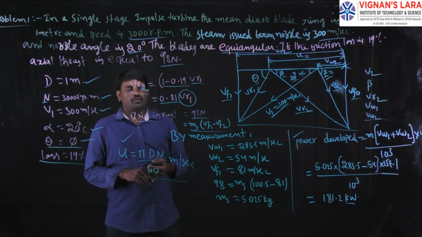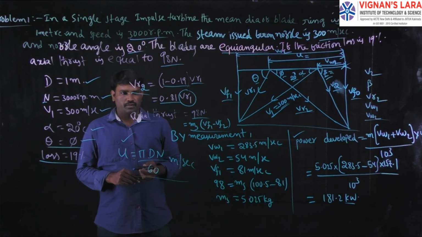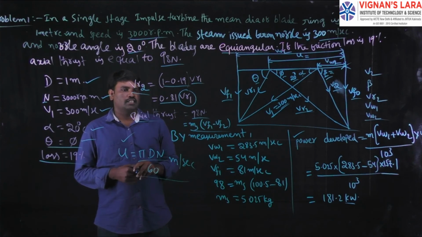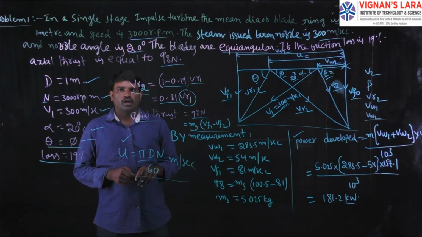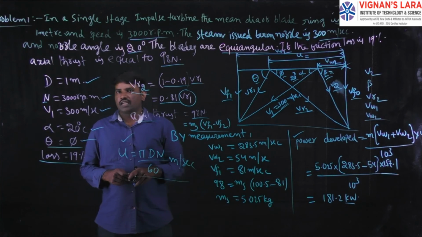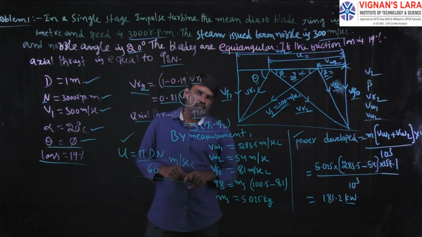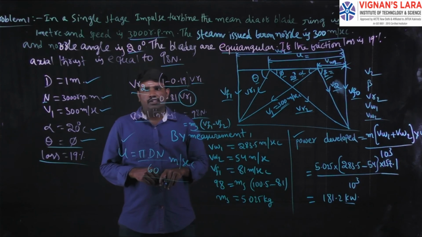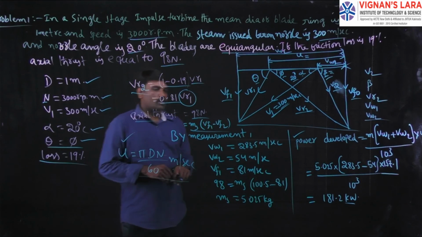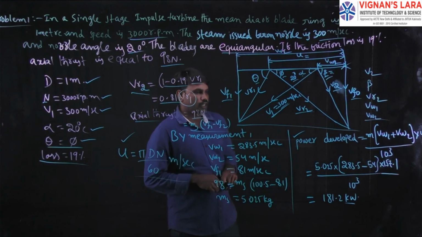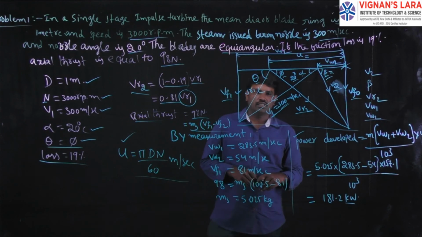While solving problems on impulse turbines, either single stage or multi-stage, you have to remember how the combined velocity triangle will appear. Based on the given conditions you have to draw that combined velocity triangle. Later you have to take a suitable scale to redraw the actual combined velocity triangle.